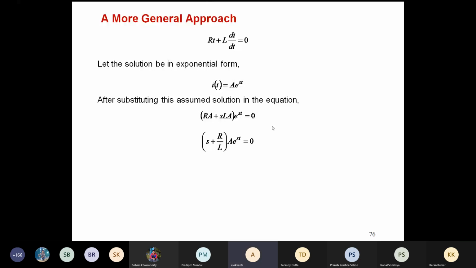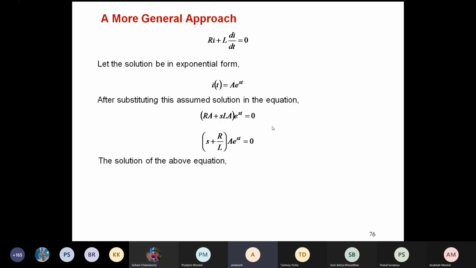A can be 0, it is a trivial solution, but we are not looking for that. That will make a zero solution, and working with zeros is no good. We are looking for something finite.